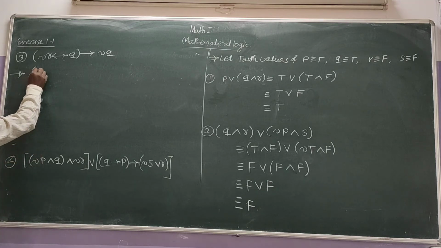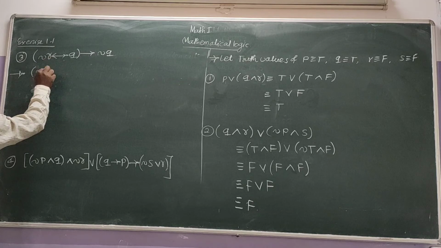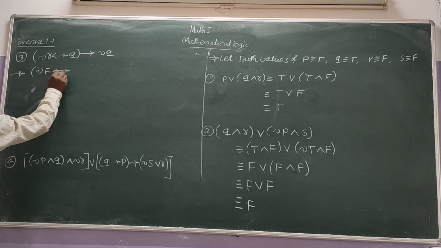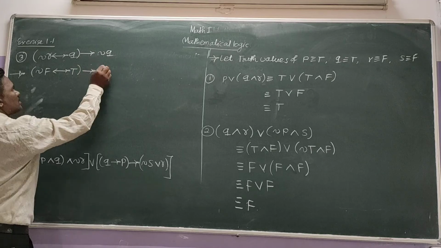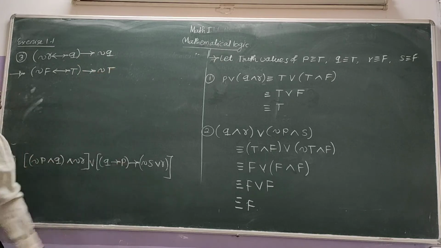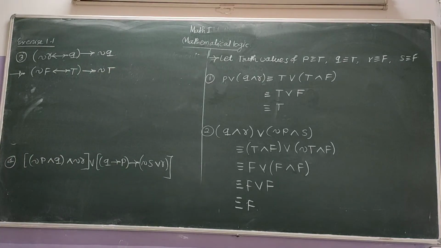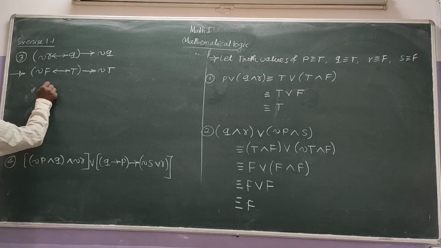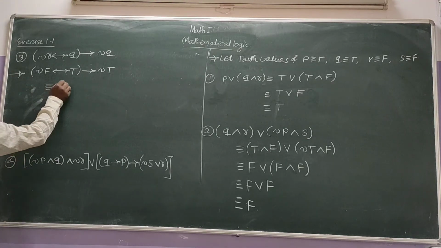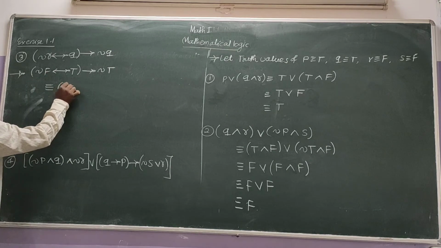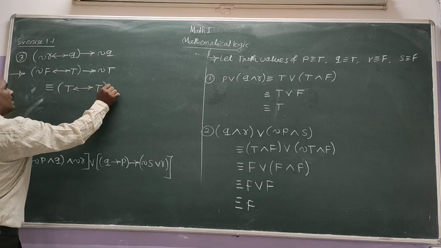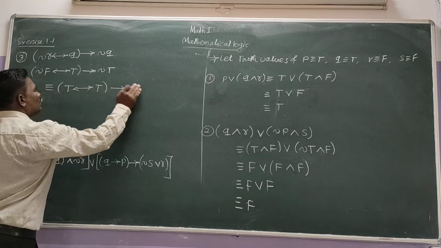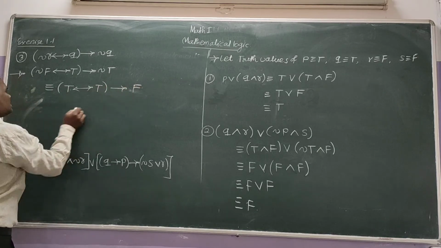In bracket, negation of R is false if and only if Q is true, implies negation of P, and Q is true. First simplify the bracket: negation of false is true, if and only if true, implies negation of true, that is false.